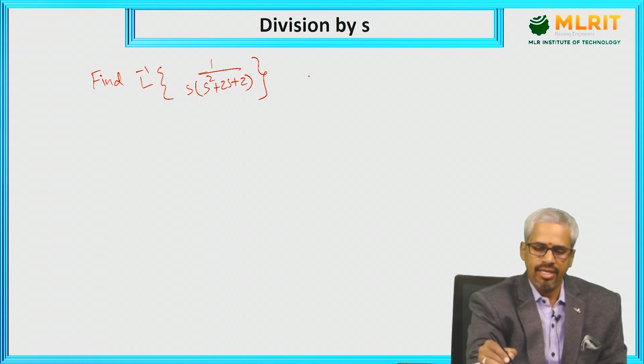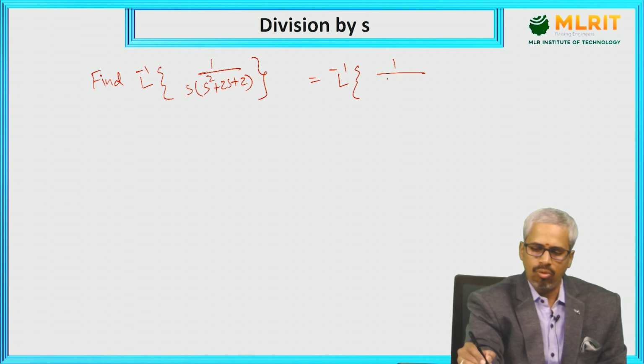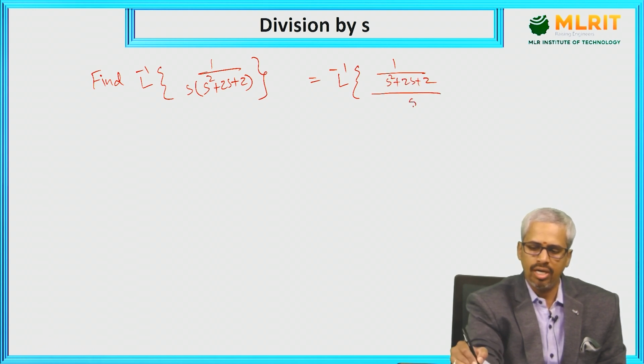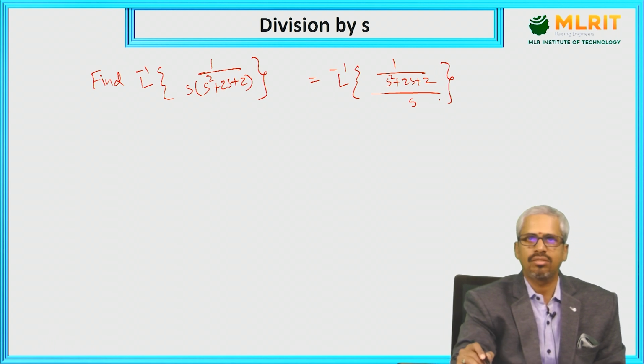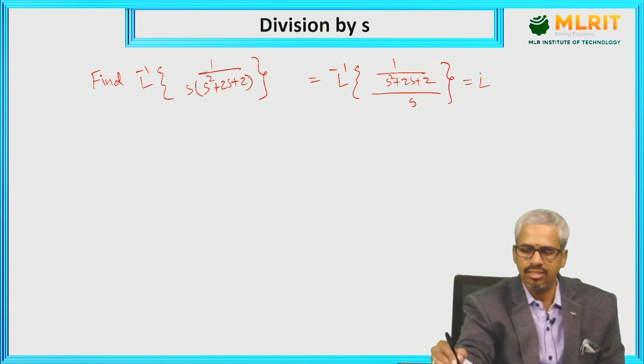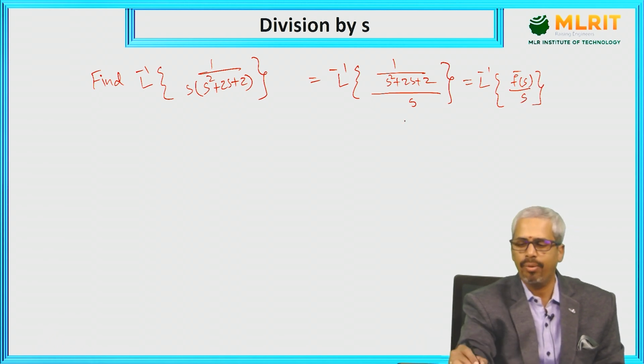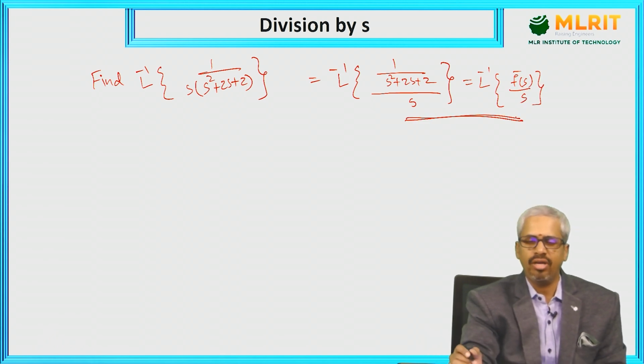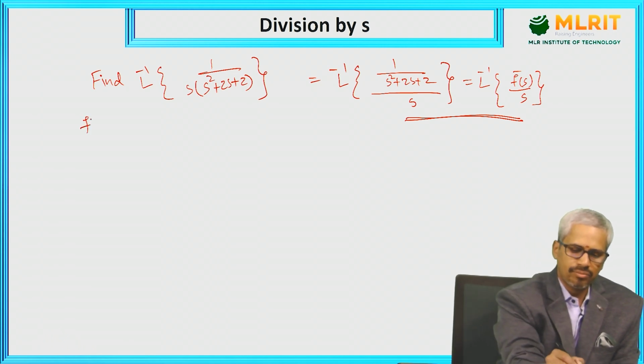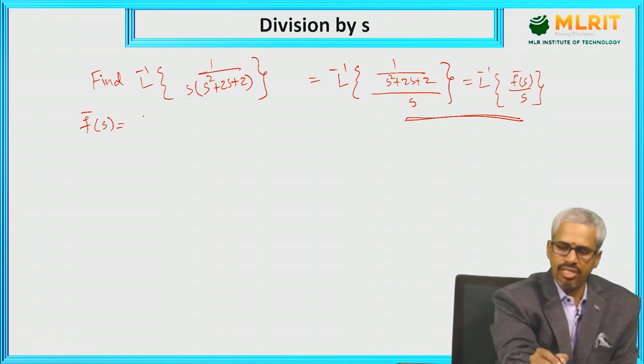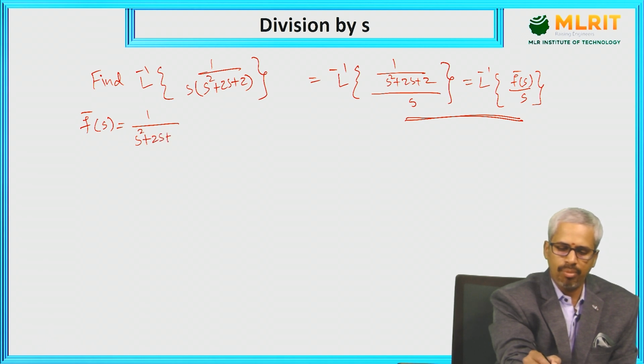So, let us write this as L inverse of 1 upon s square plus 2s plus 2, total divided by s. I am just writing this to represent that this is in the form of L inverse of f bar of s by s. So, you compare these two here, what will be the function f bar of s? f bar of s is 1 upon s square plus 2s plus 2.